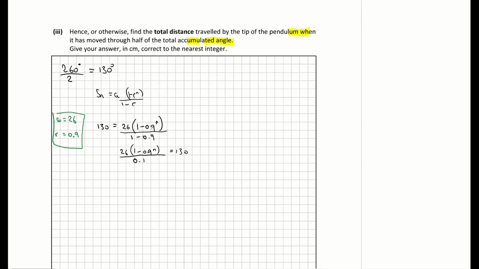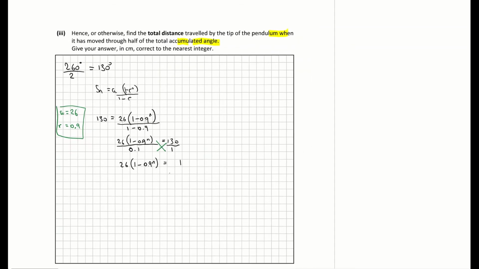I'm just putting that 130 to the rear, it's just the way I do the questions. I'm putting that over 1, making a fraction equals a fraction, so cross multiply. That's giving me 26 bracket 1 minus 0.9 to the power of n, is equal to 130 times 0.1, which is 13.